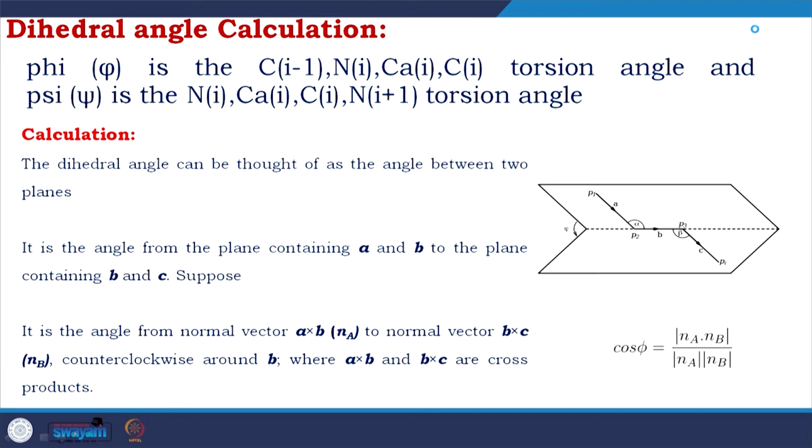So, by using those, we could now calculate distance, angle and dihedral angle, and this gives you the ability to calculate everything. And as I told, what are the applications? You could calculate the existence of an alpha helix.